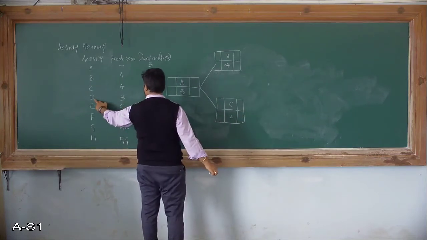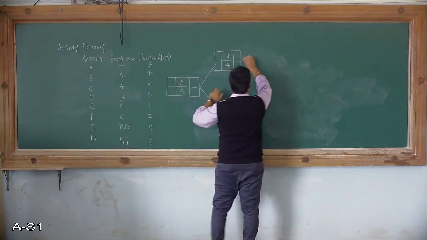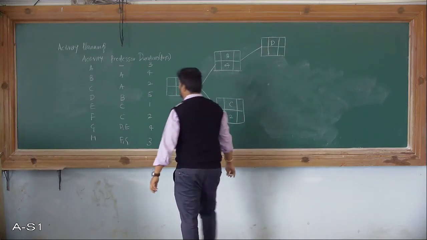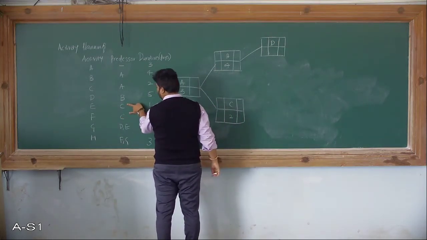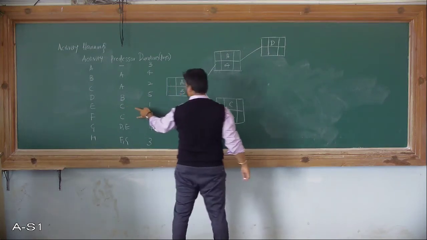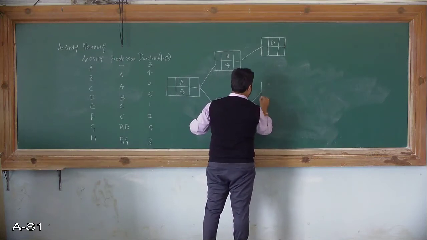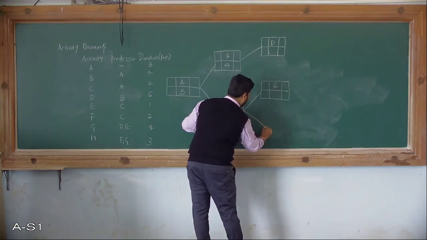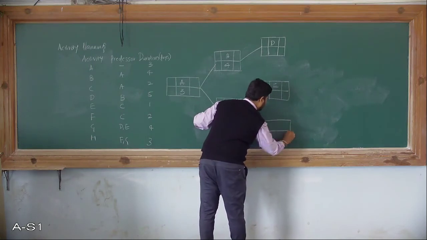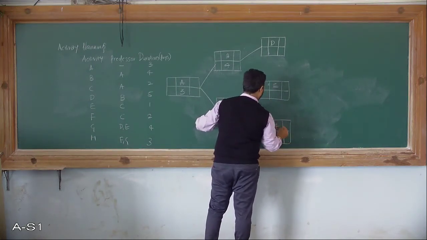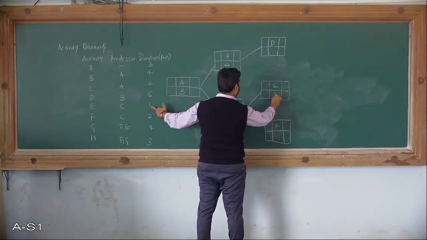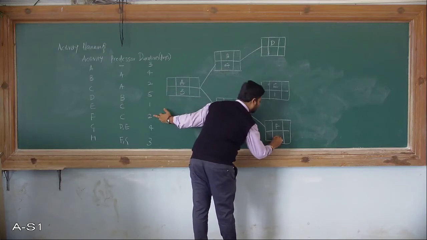Then activity D follows activity B. Here we go for activity D. Then we have two activities which depend on activity C, activity E and F. Here we go for activity E, and this is for activity F. For activity E the allocated duration is 1, and for activity F it is 2.